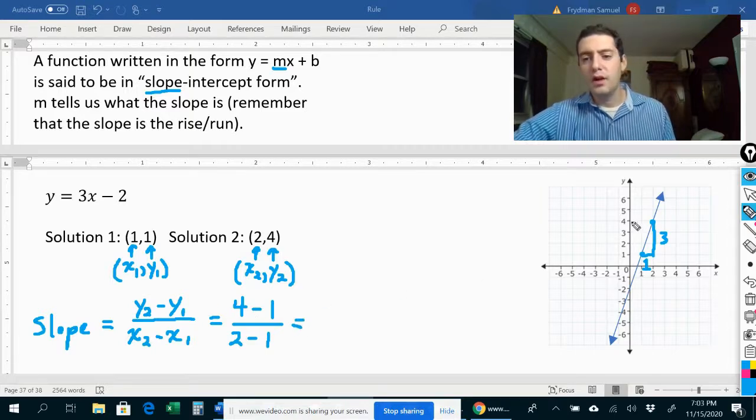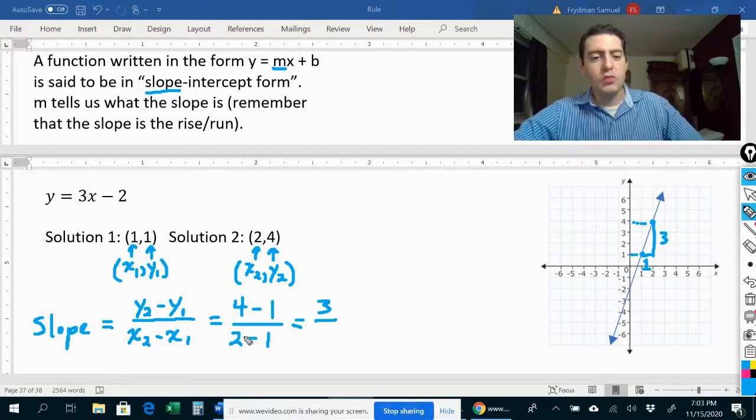So 4 was the y value for the second solution. 1 was the y value for the first solution. So by subtracting them, by doing 4 minus 1, I'm really just getting the distance from here to here, which is exactly the rise that I drew on the graph. So 4 minus 1 is 3, which is the same number that I got just by counting over here.